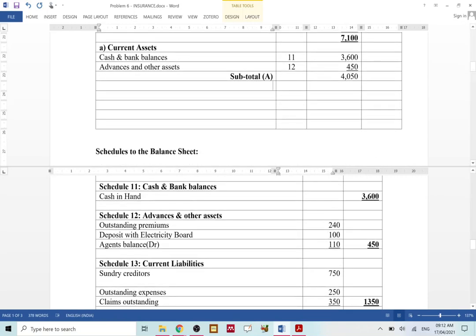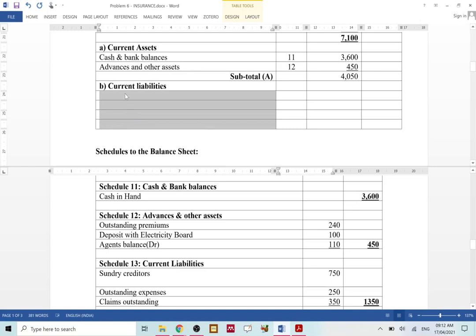Am I right? Now, same way, just like you have calculated current assets, also calculate current liabilities, right? So we're doing this separately. We're making two different classifications for these.